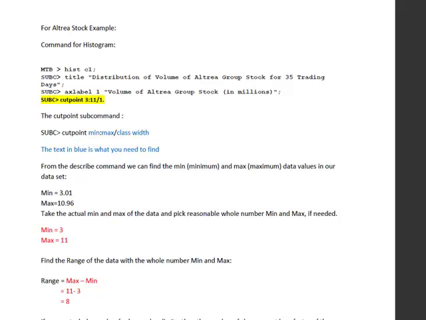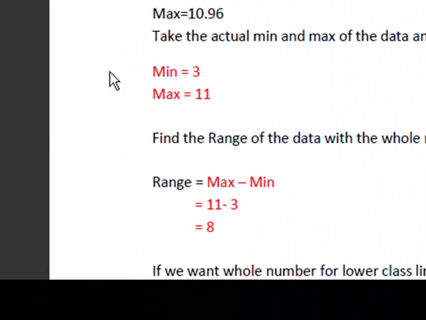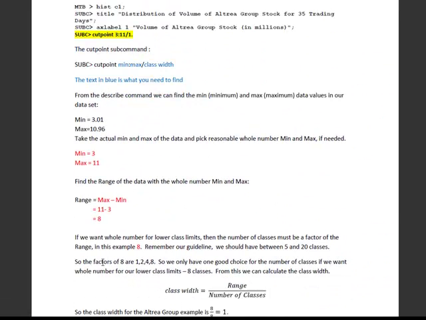But now I have whole numbers for my min and max, and in fact I picked a nice range there because you have 3 and 11, and my range would be 11 minus 3, which is 8. So, if we want whole numbers for our lower class limits, then the number of classes must be a factor of the range we just calculated.